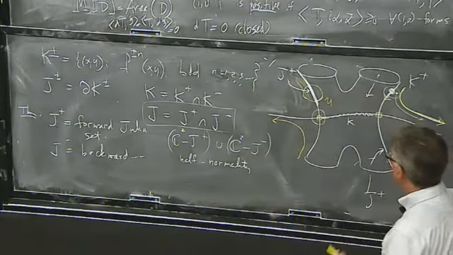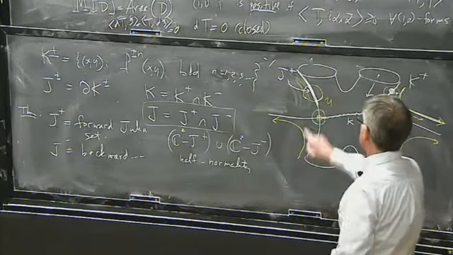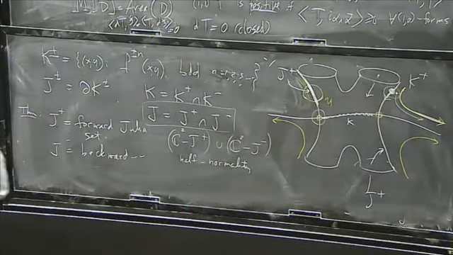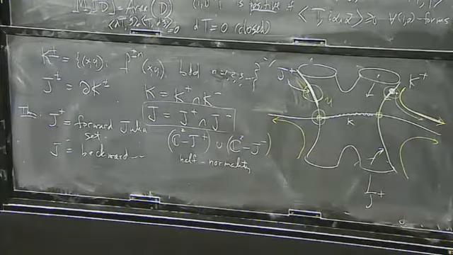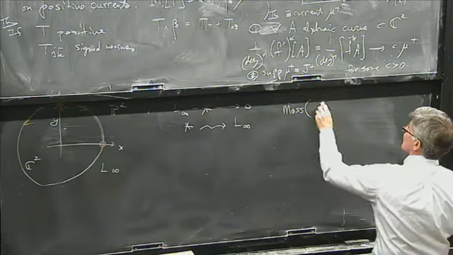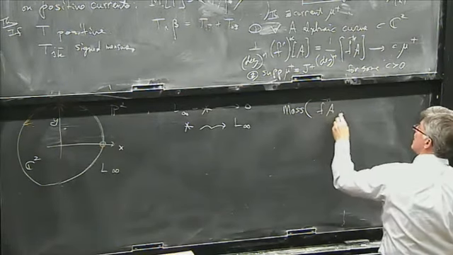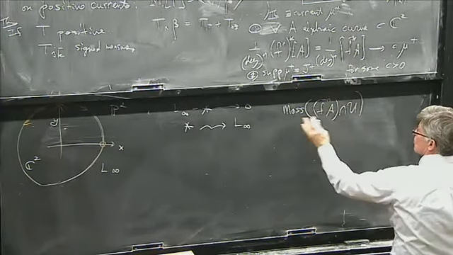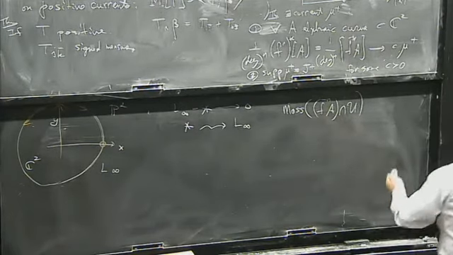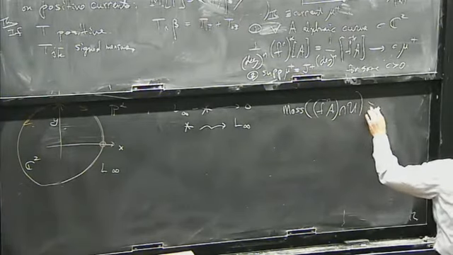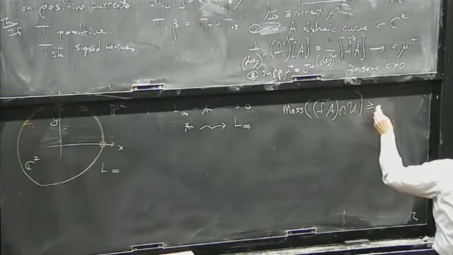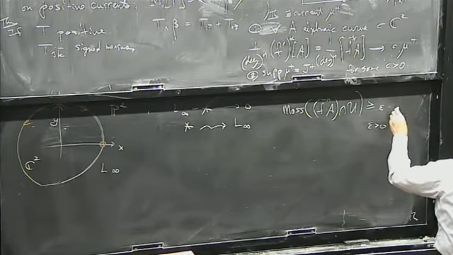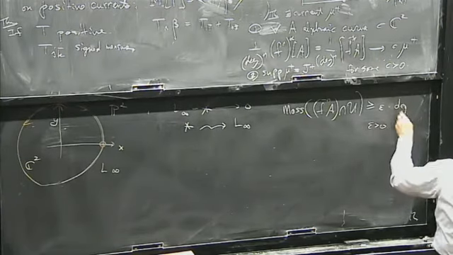So if I'm converging to some current and my support is on J plus, what I know is that the mass of this f to the minus n of A, in other words, mass means area, is going to be bigger than some number epsilon positive, times d to the n, the degree to the n.